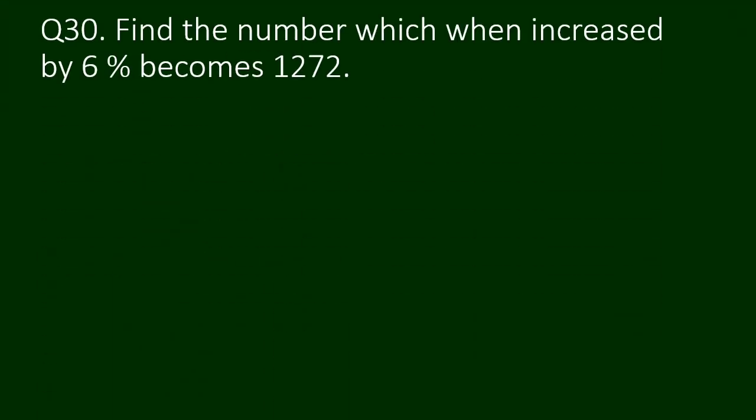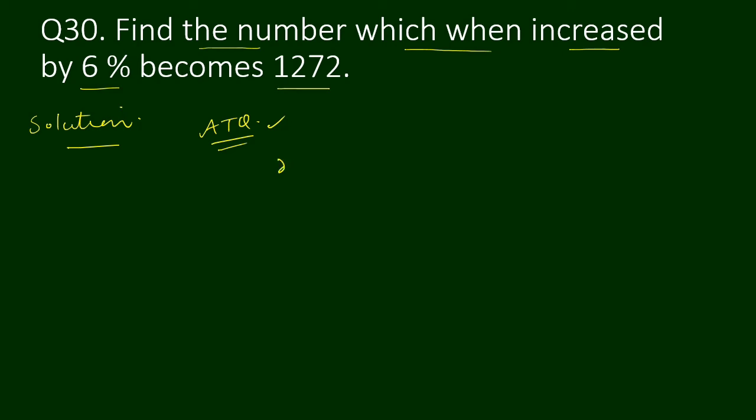Find the number which, when increased by 6%, becomes 1272. This is also the same. Here I am going directly to the question without framing a statement. You know that you have to assume the number, let the number be x.